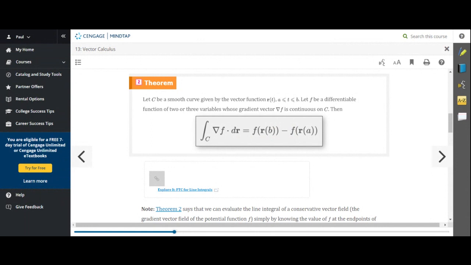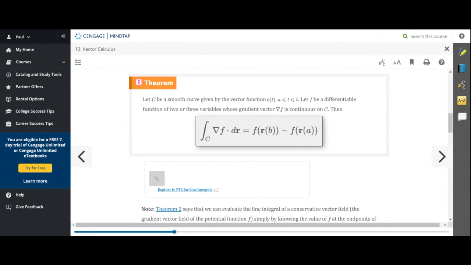Well, it turns out that this line integral, where in place of the vector field you have a gradient field, that's what that gradient of f is right there. Let me clarify it very clearly.